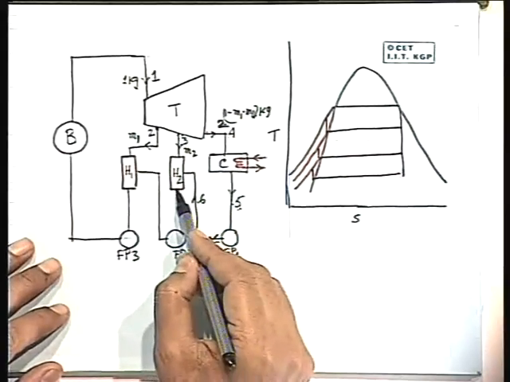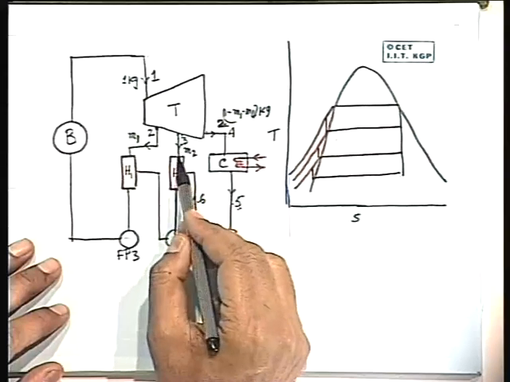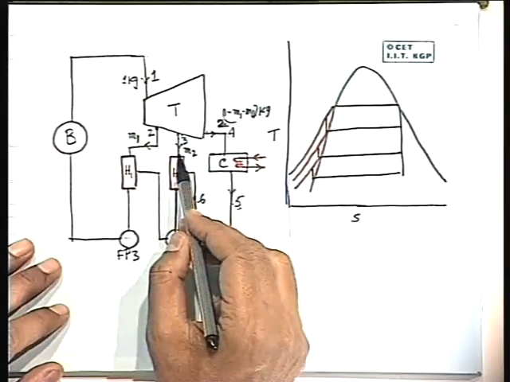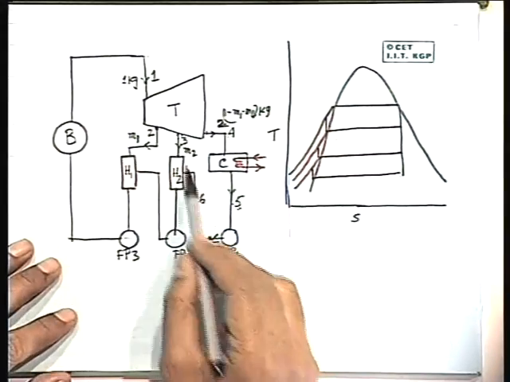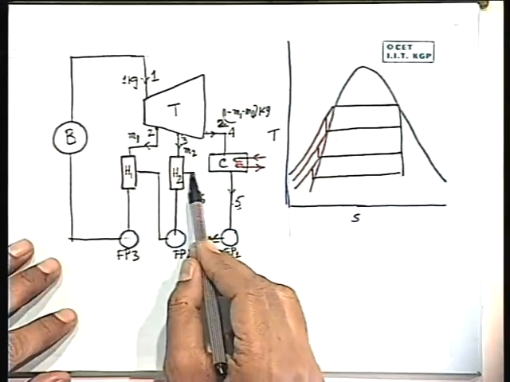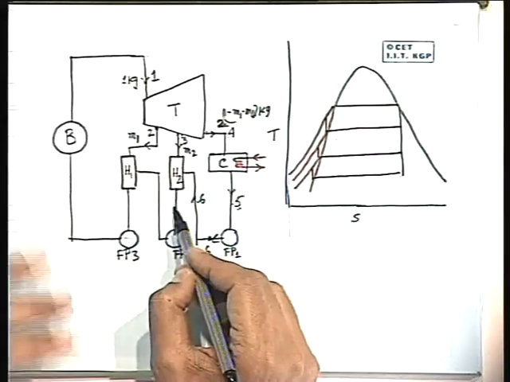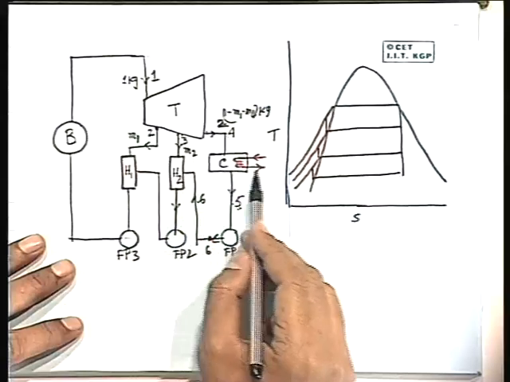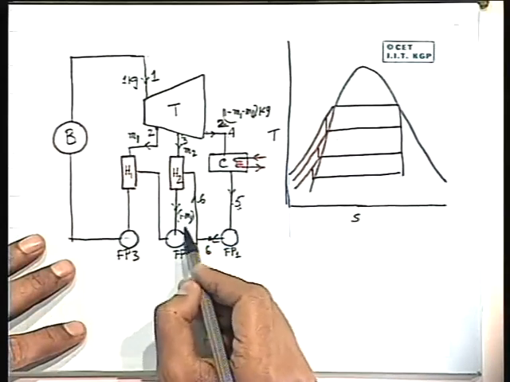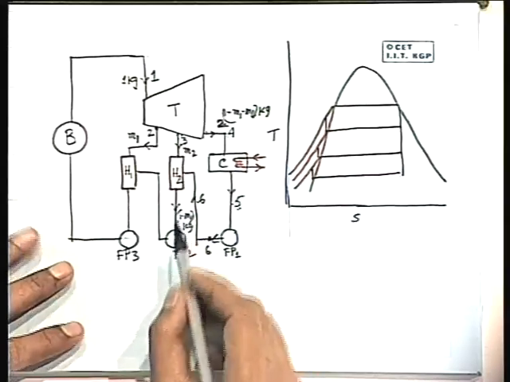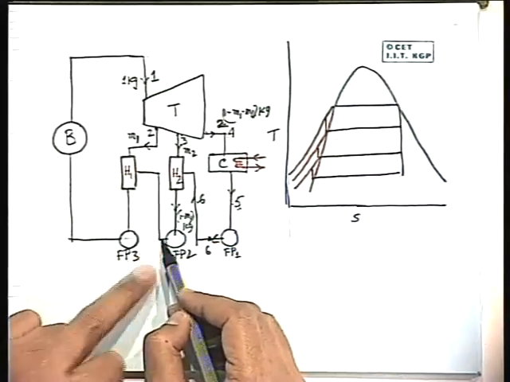Then what happens? If you consider this heater, it receives steam M2 at pressure P3 and temperature T3. It gets water at the same pressure, P6 and P3 are the same, but at a different temperature. So it is the water entry. Both of them mix together, so if M2 is mixed with 1 minus M1 minus M2, we get 1 minus M1 kg of water at the same pressure, because mixing is taking place at the same pressure, which is then pumped.